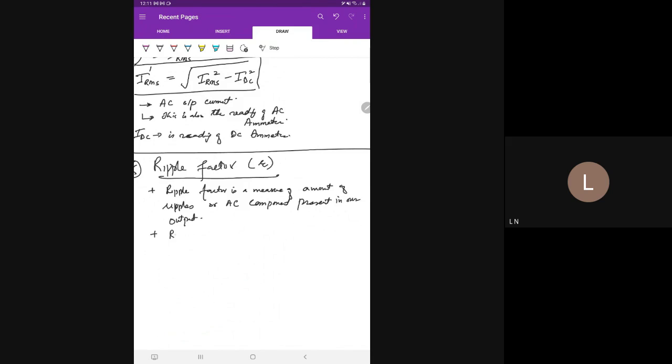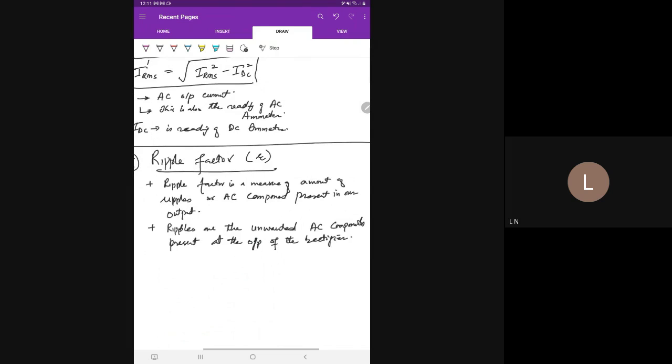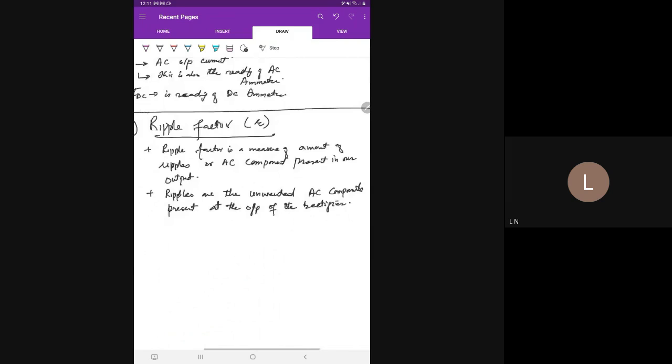Ripples are the unwanted AC components present at the output of the rectifier. Ideally speaking, our rectifier should have no AC component present in the output.